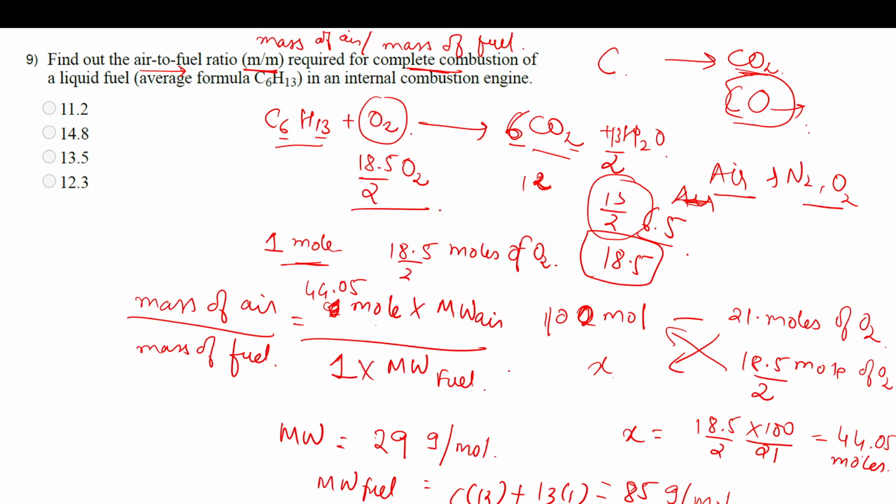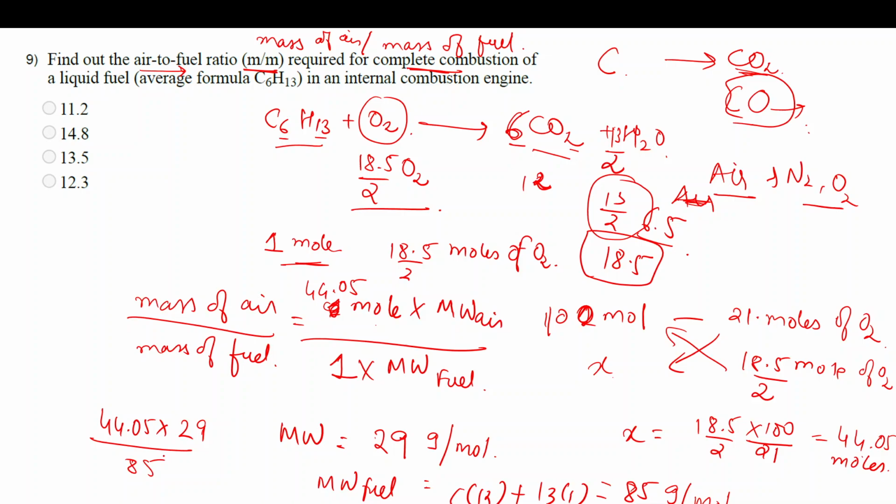Now, if you substitute these values, the air to fuel ratio should come out as 44.05 cross 29 divided by 85. So do this calculation.